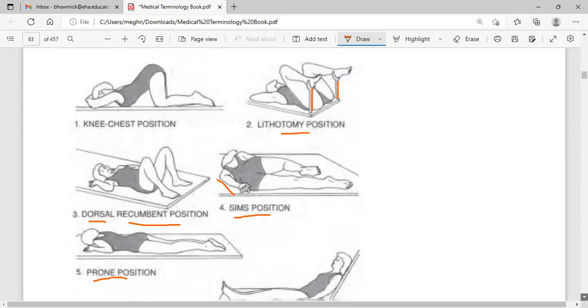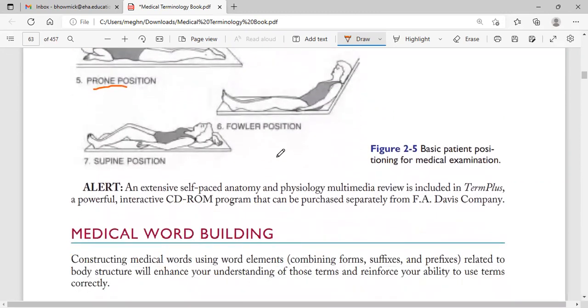And the next position is called Fowler's position. The patient is assisted into a semi-sitting posture. The head of the examination table makes an angle of 45 to 60 degrees, with the patient's knees bent or not bent.